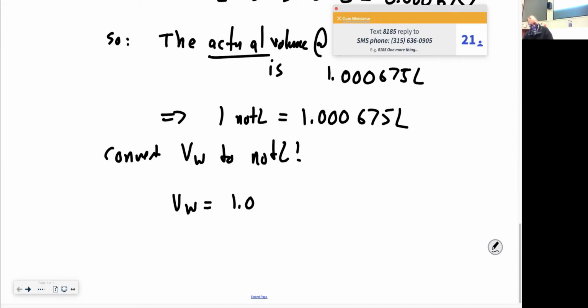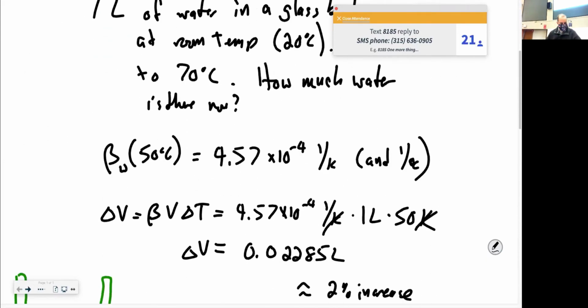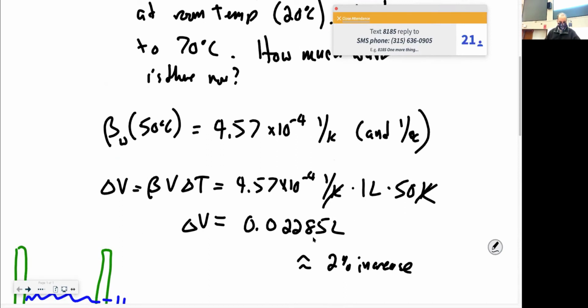I didn't actually do this calculation in class. I did it outside of class, and I wrote down this number for this calculation. Somebody do this for me real quick.